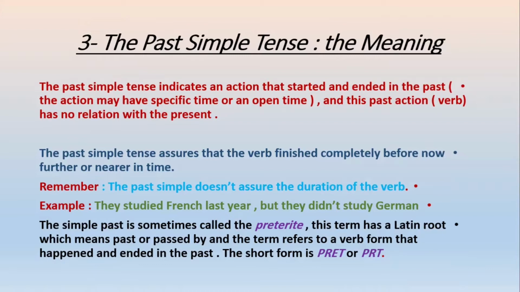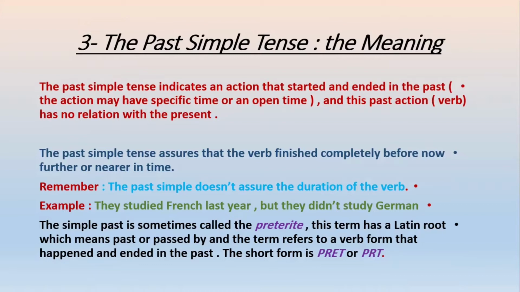So we can say the past simple indicates an action that started and ended, completed, wholly in the past, at a specific point of time or no specific point of time, an open time, but all in the past. It is ended, yes. It is complete, yes. It was completed in the past, and it has no relation at all with the present.